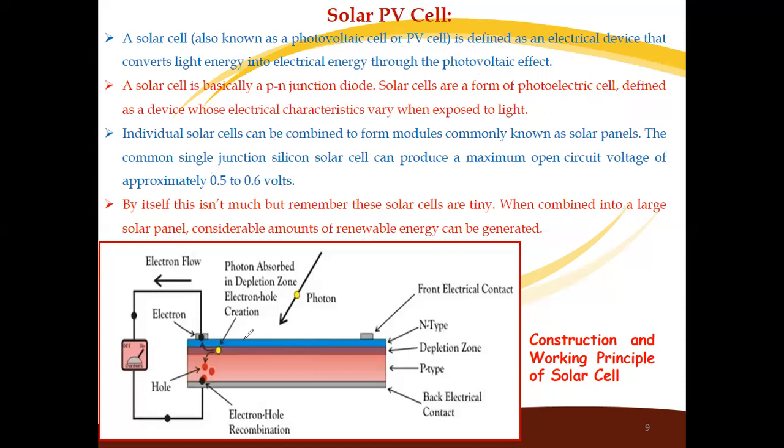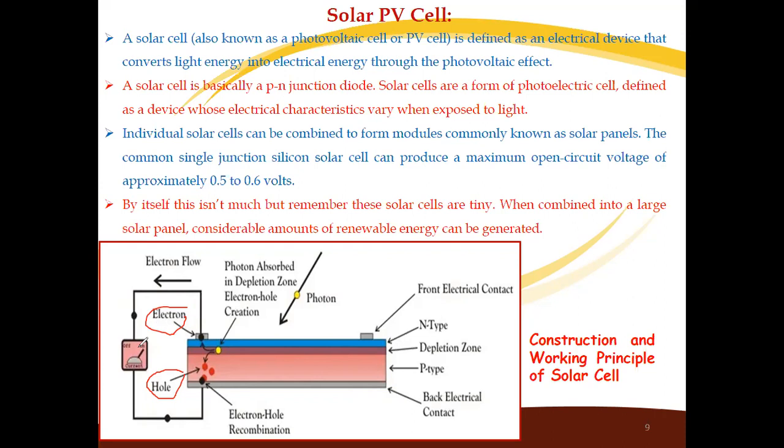If you see, there are electrons, then we have holes, and then we have photons. There will be a p-type and n-type junction, and a depletion zone. There will be electron-hole pairs. When the electrons pass through the electric circuit, electrical current flows and we get electricity using this solar cell. So we'll see the working behind this solar cell and what its construction is.